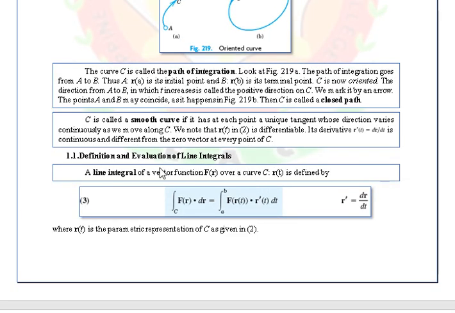Now we have here the definition and evaluation of a line integral. For us to be able to perform a line integral, we need to define it first and evaluate it.